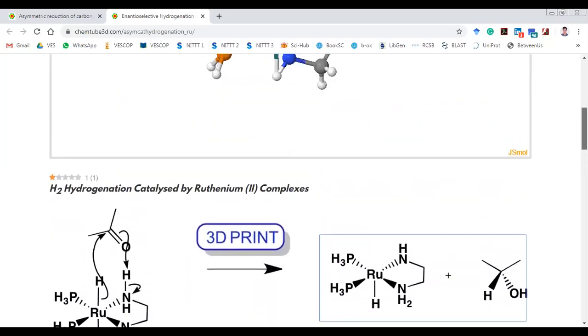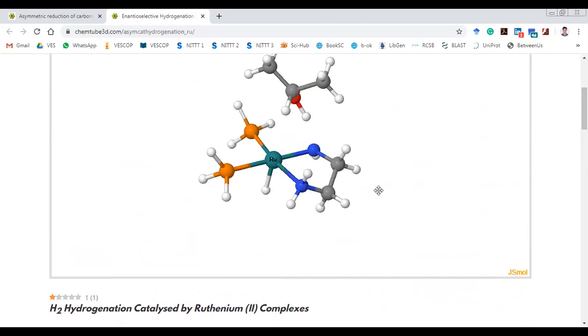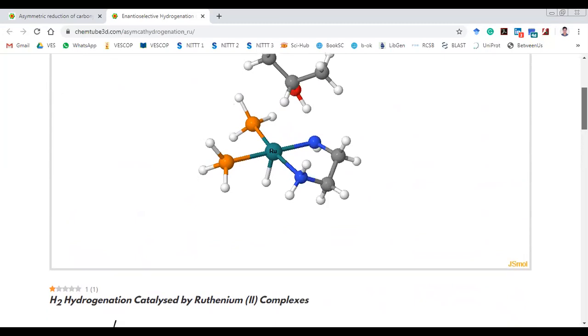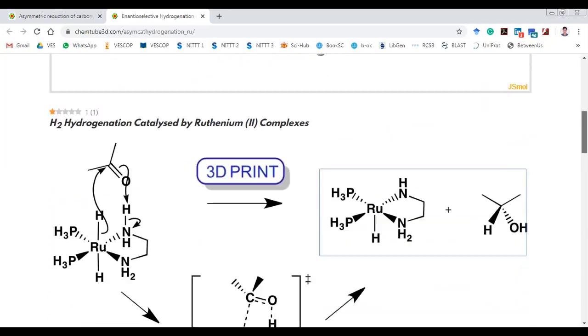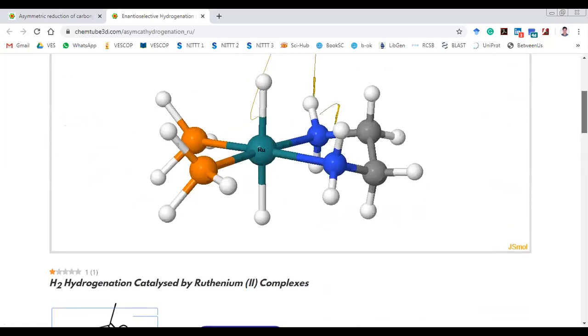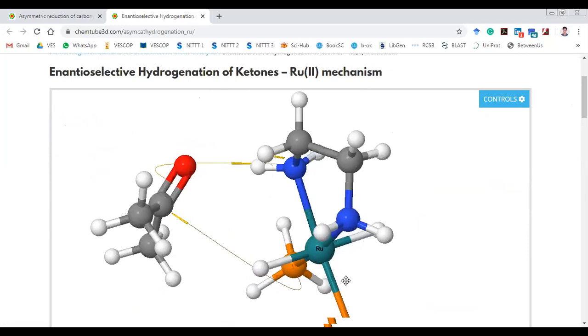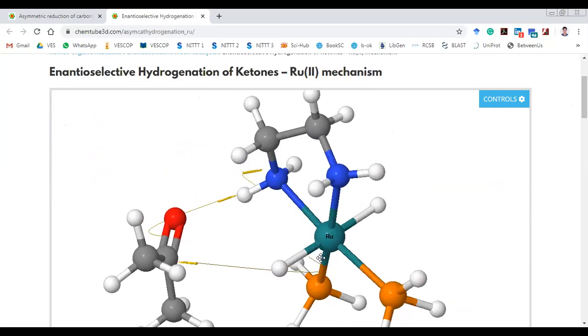So what is happening here? This blue color, a slightly different shade of blue, is ruthenium. These are nitrogen, these are oxygen, and these are the phosphorus atoms here. This is how the hydrogen transfer is taking place in this case.